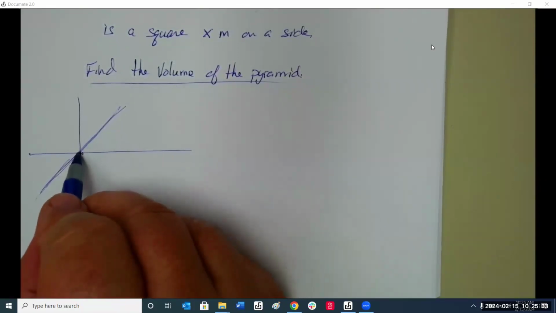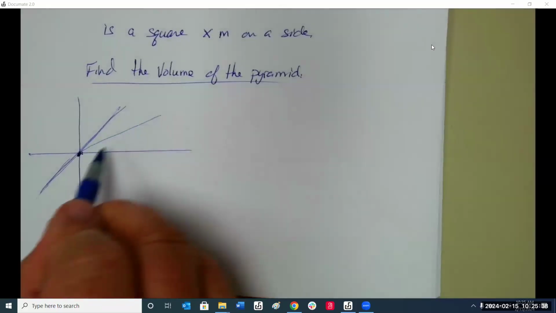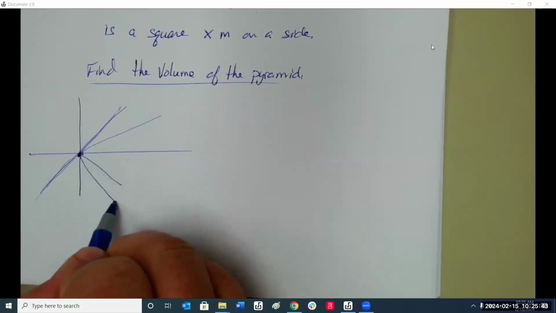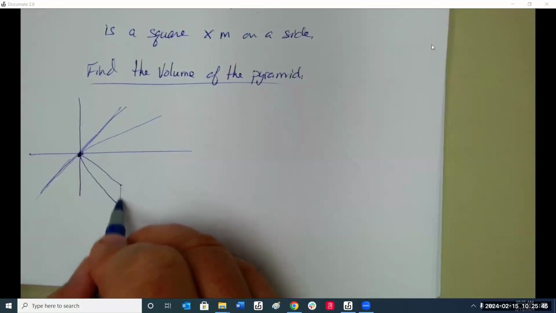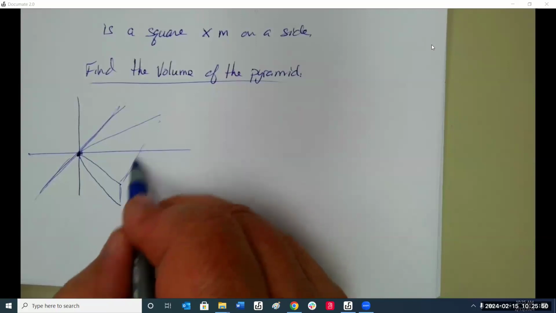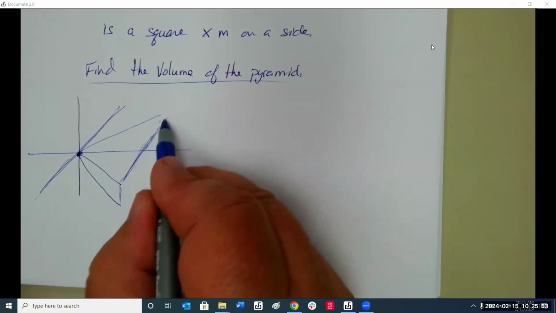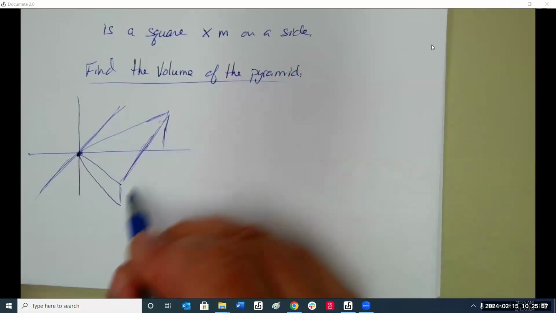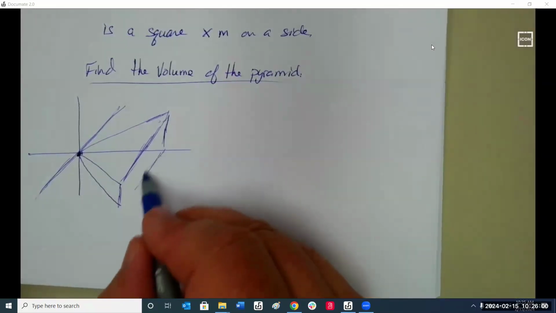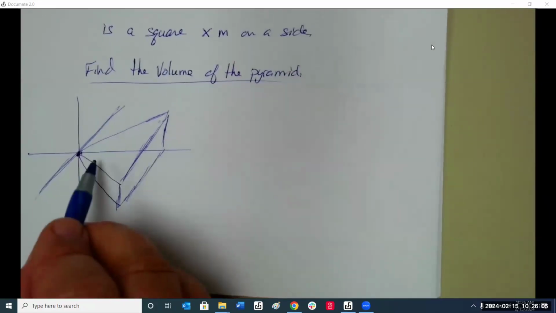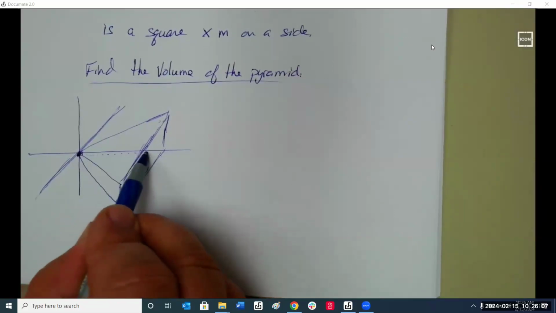So we know it starts at the vertex there, and the last one is way back there.